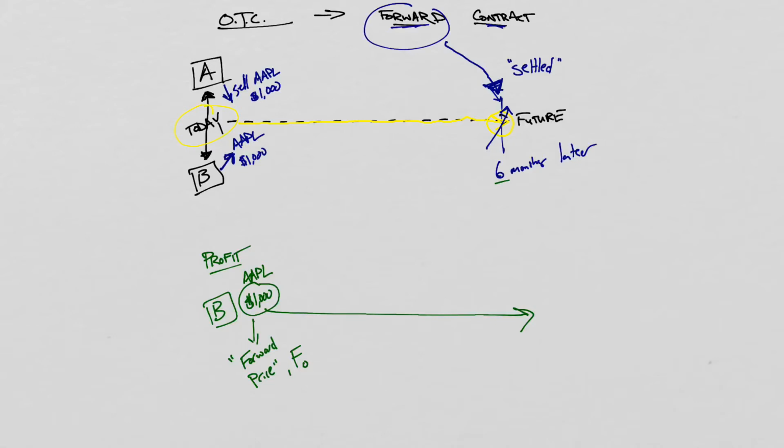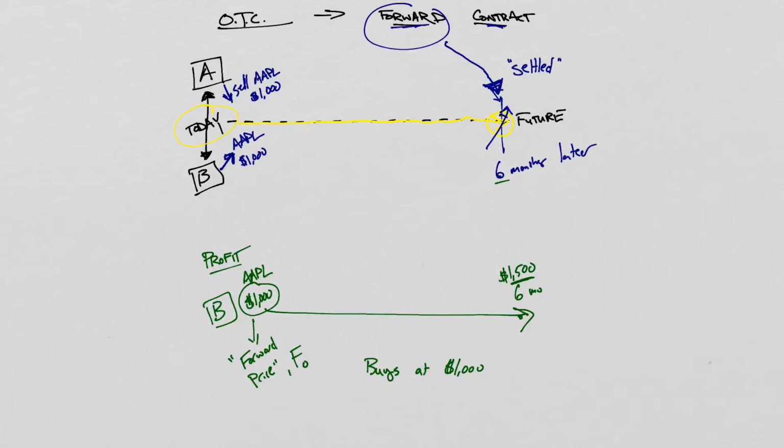So the profit for B depends on what Apple's stock price does over the next 6 months. If the future stock price of Apple rises to $1,500 at the end of 6 months, then this is great for B because B was buying the forward contract, so B buys at $1,000, but they're buying 6 months from now, and look at the price now in the market.